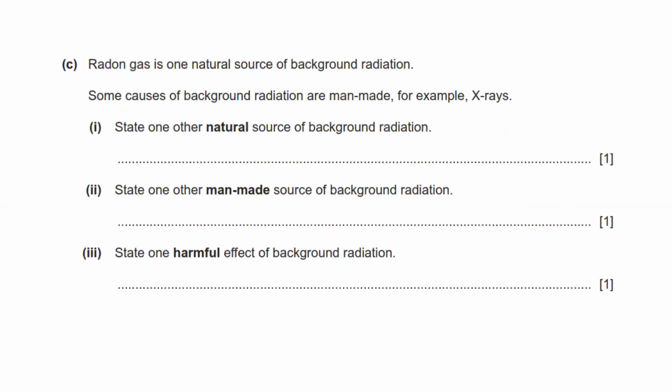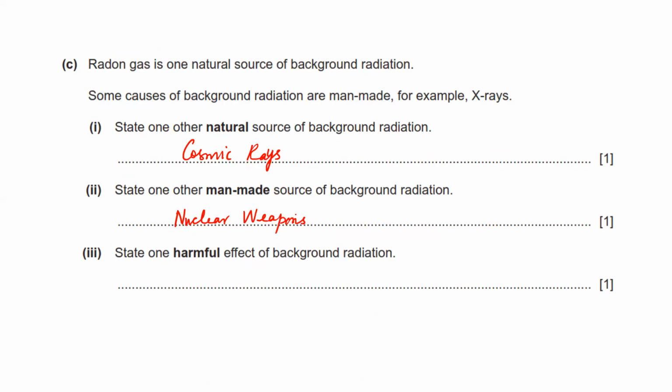Then part C, radon is one natural source of background radiation, some background radiations are man-made, for example, X-rays. State one other natural source of background radiation: cosmic rays is a natural source of radiation. State one man-made source of background radiation: nuclear weapons are one cause of background radiation.